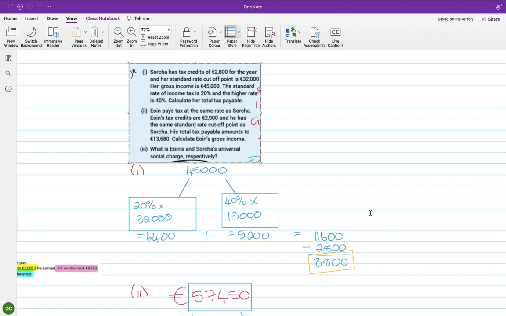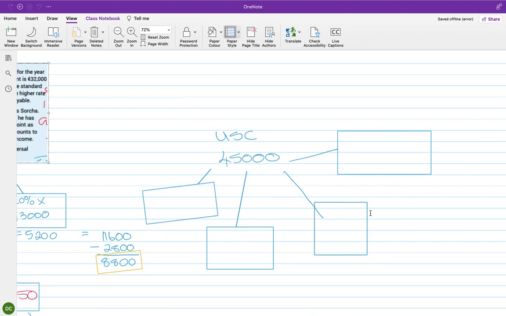So her USC, she earns 45,000. She definitely doesn't earn enough to go into that third. She'll go into the third box, but that's as far as she'll go. She definitely won't earn enough for the 8% box. So we have the 0.5% box, we have 2%, we have 4.5%, and then we have 8%.